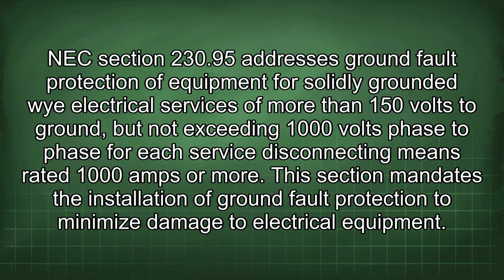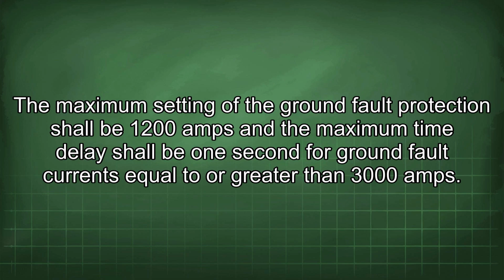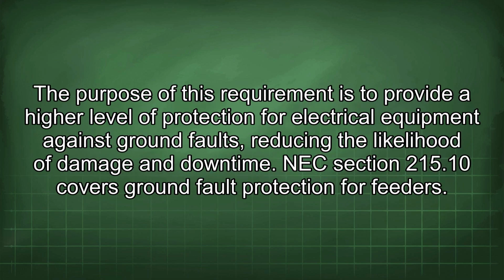This section mandates the installation of ground fault protection to minimize damage to electrical equipment. The maximum setting of the ground fault protection shall be 1200 amps and the maximum time delay shall be 1 second for ground fault currents equal to or greater than 3000 amps. The purpose of this requirement is to provide a higher level of protection for electrical equipment against ground faults, reducing the likelihood of damage and downtime.